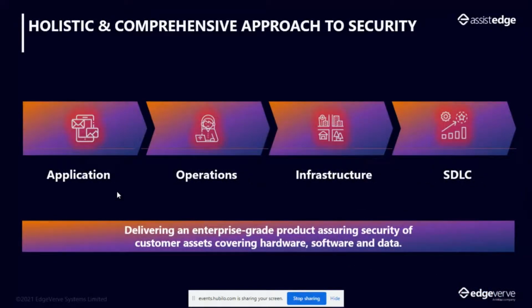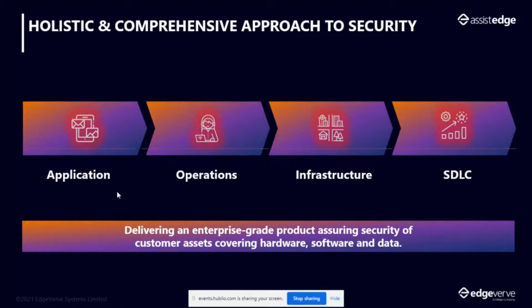Here is yet another critical aspect of AssistEdge 19.0. We continue to stay invested in our all-encompassing security practices covering application security, operation security, infrastructure security, and the overall secure development lifecycle processes. Year on year, our product security features and practices have been recognized by industry leaders.